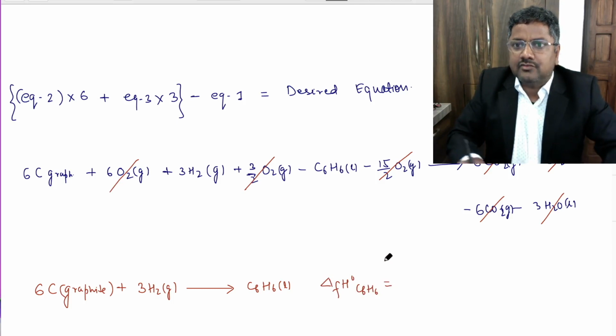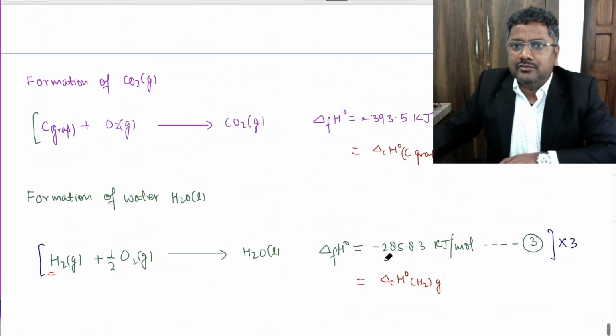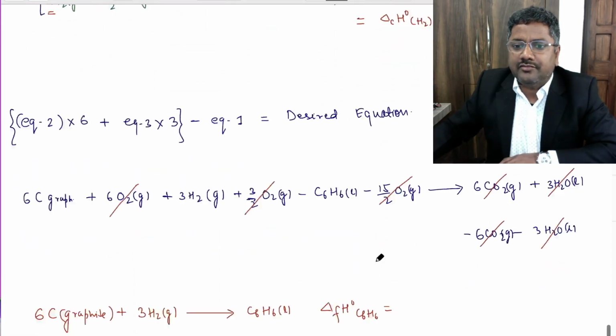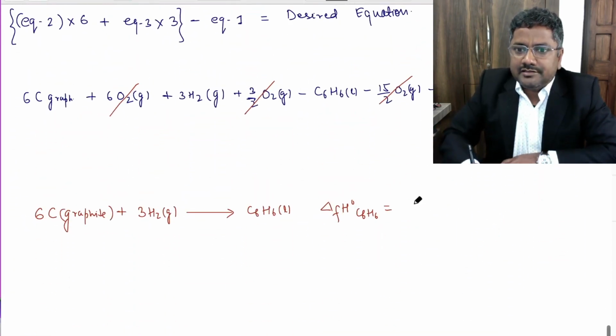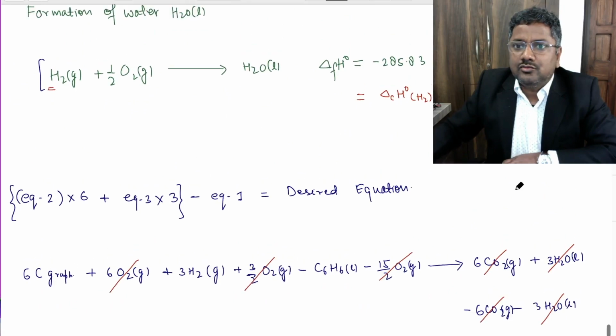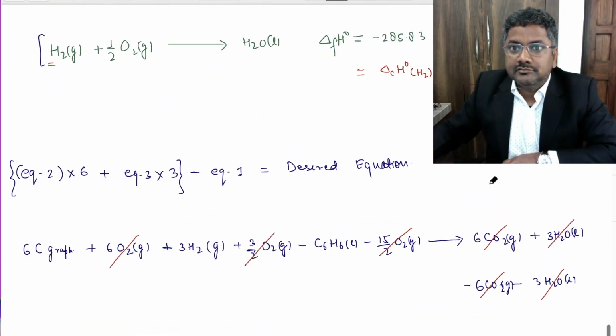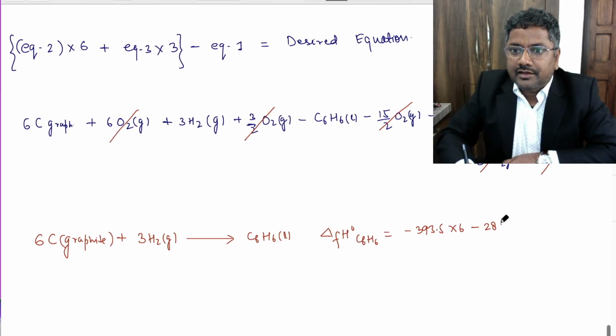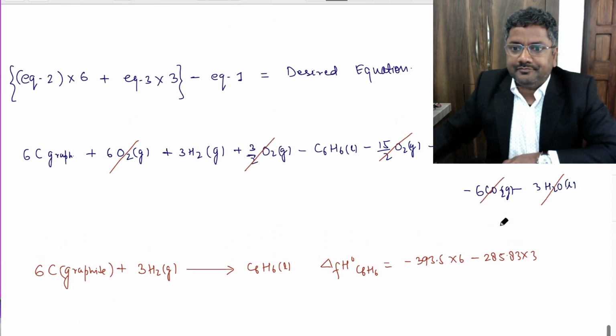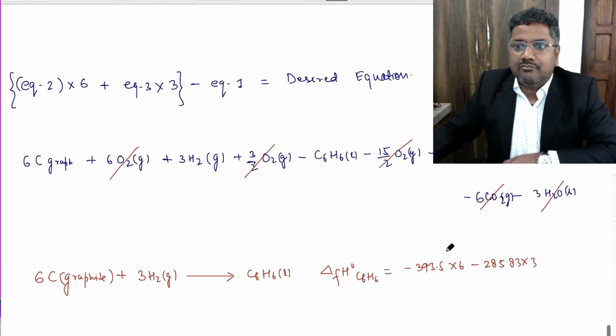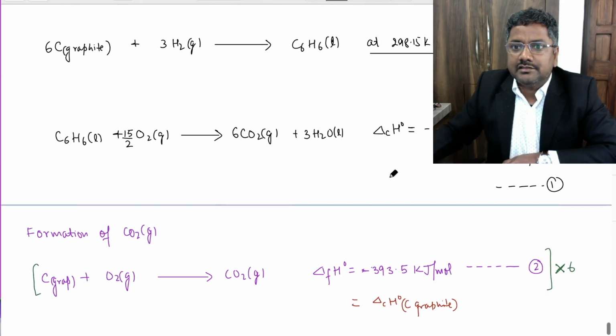C6H6. This is equal to, now do the same thing with the data: minus 393.5 into 6 minus 285.83 into 3, this plus this minus this.